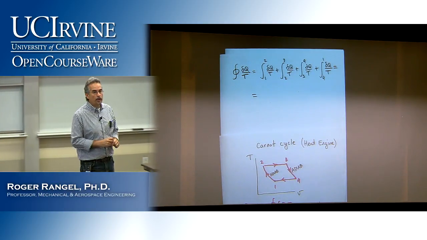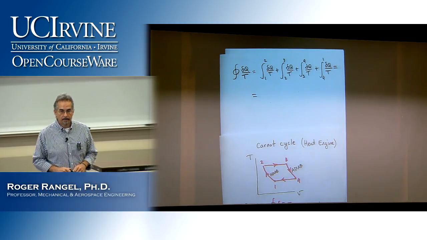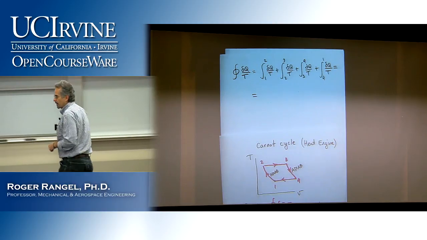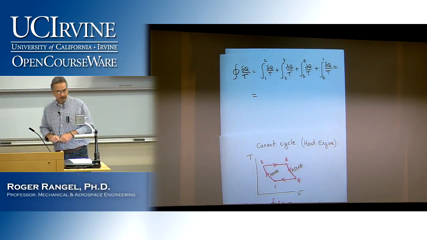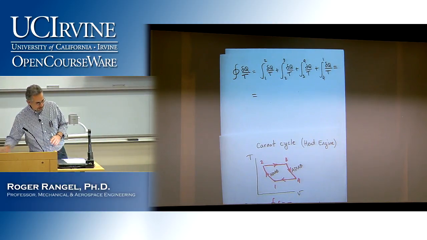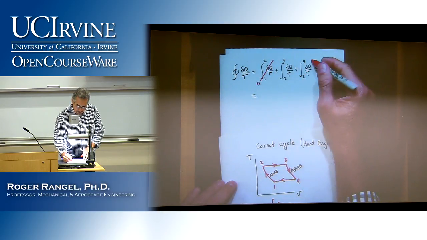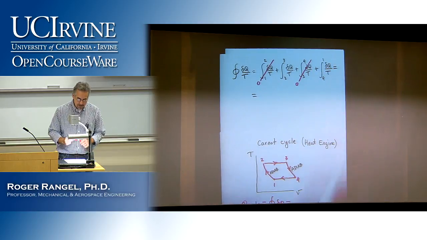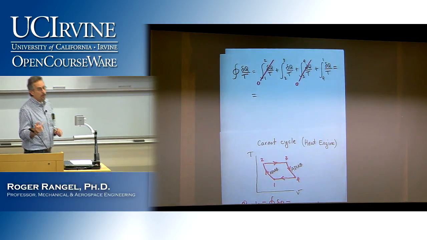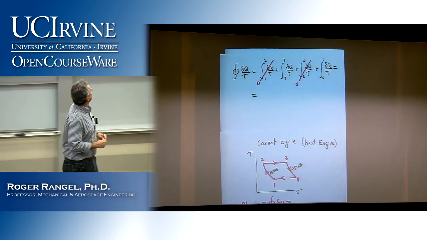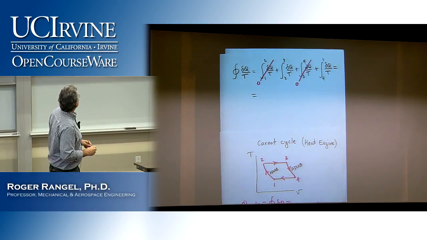What about the integral from 1 to 2 of delta Q over T? That's still a big zero because there is no heat transfer. So that is going to be 0. So I can still, like before, cross this one out, it is adiabatic, and also cross this one out because it's adiabatic. So like before, I'm left with 2: the integral from 2 to 3 delta Q over T and the integral from 4 to 1 delta Q over T.